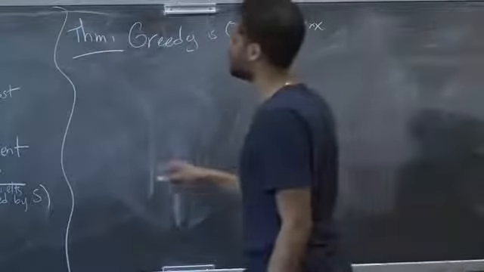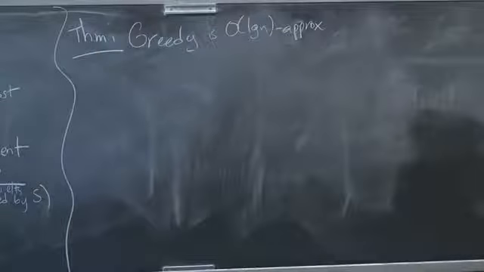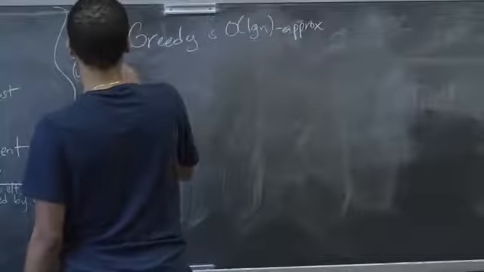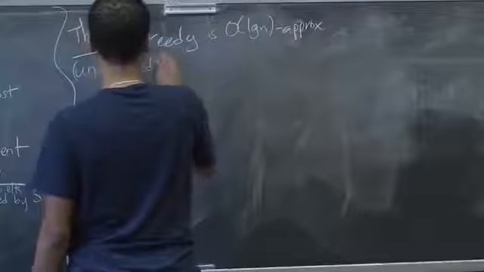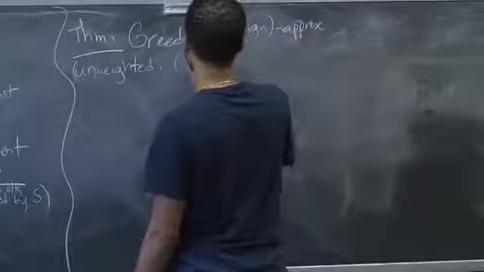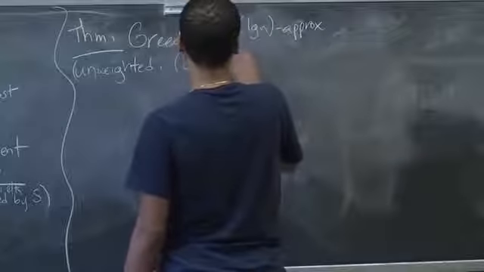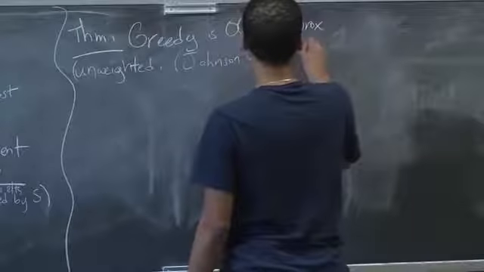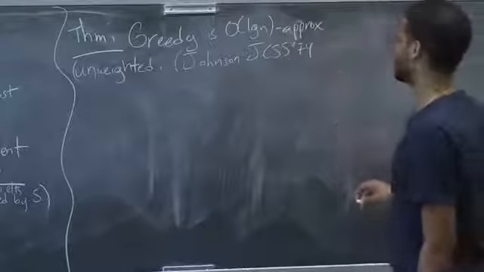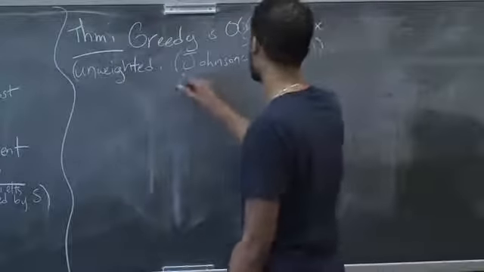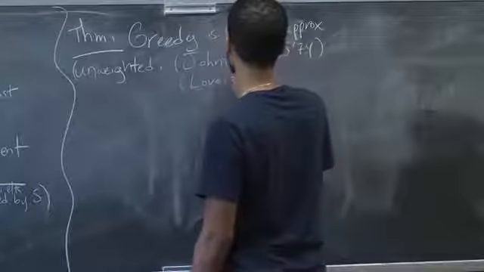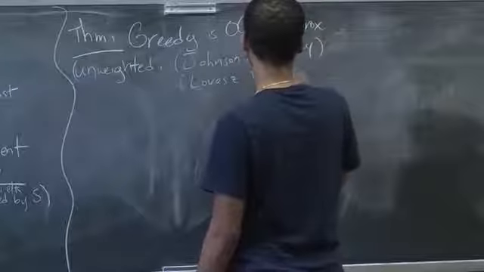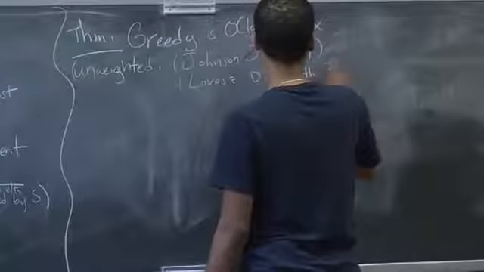Just some history, I guess. In the unweighted case, when all the costs are 1, that's what I mean by unweighted, this greedy algorithm is due to Johnson back in '74, I think. Who's scribing today? Okay, great. And also, I believe independently, at least they didn't cite each other, in discrete math, '75.